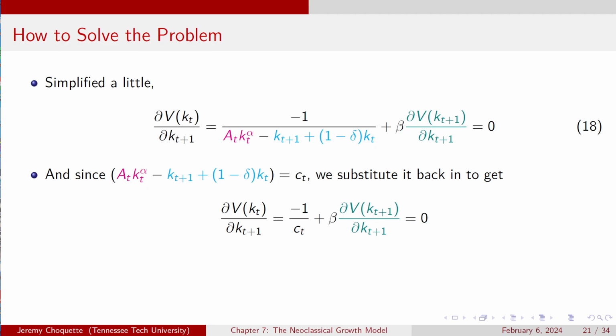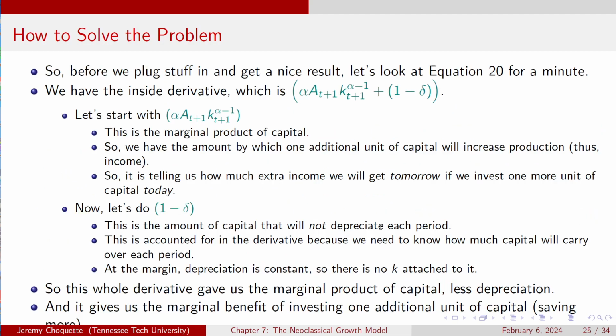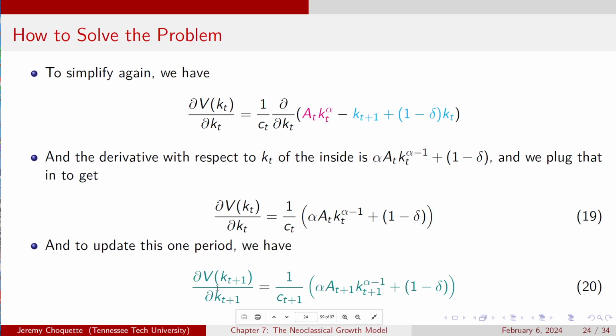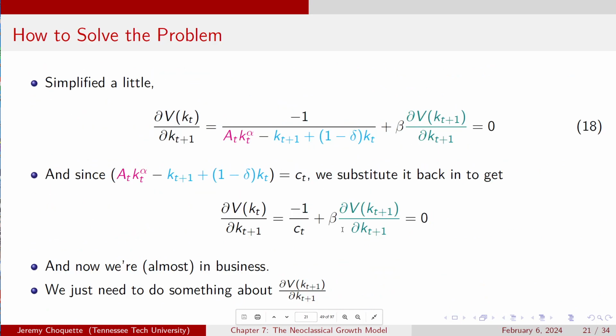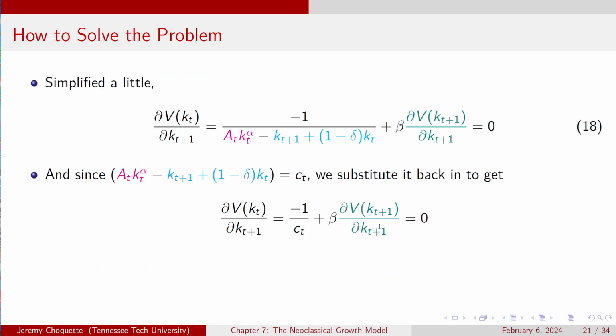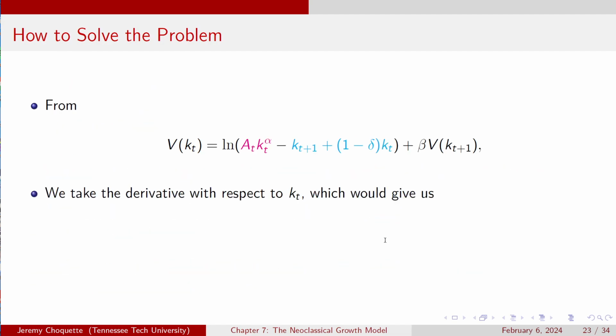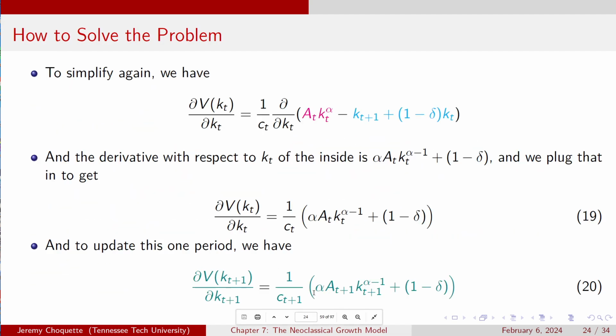Sweet. So if what I've got here, I'm circling my mouse around, what I've got here is equal to what I've got here, this guy is equal to this guy, which is then equal to this guy, then I can take 1 over ct plus 1 times alpha times at plus 1 times kt plus 1 to the alpha minus 1 plus 1 minus delta and plug that in to that first order condition that I got.